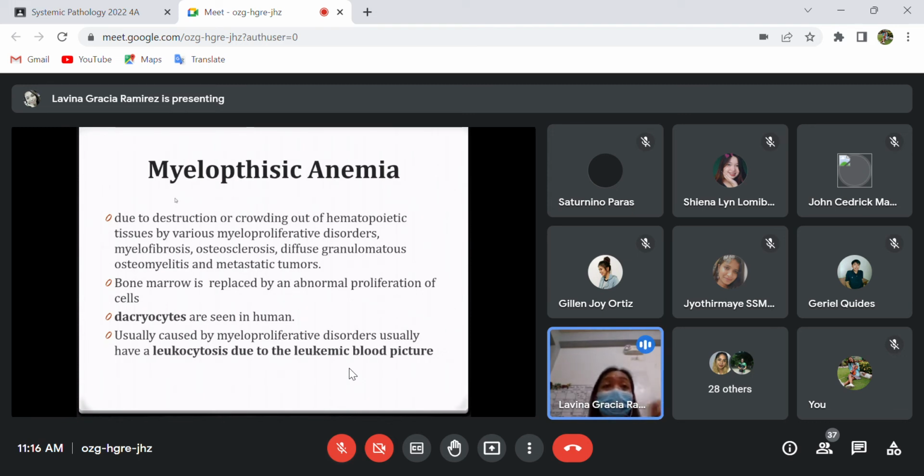That's why leukocytosis is one of the manifestations when you see leukemic blood pictures. But not limited only to leukocytes, you can also find there different RBC lineages, kasi hindi na siya normal. So there's no control in the proliferation of blood cells.